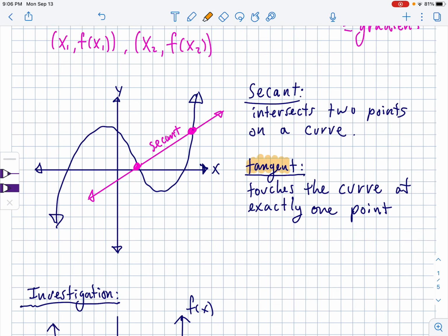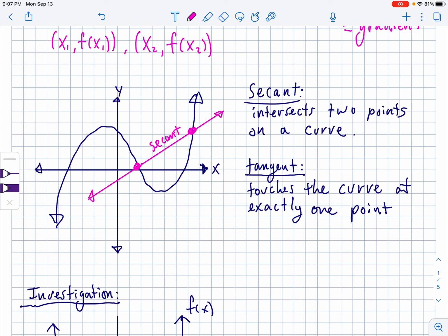Now a tangent touches the curve at exactly 1 point. The way you can picture this is that I always think of a surfboard on a wave. It can only touch one part of the curve of the wave. So if you think about this being your surfboard, I meant for that to just hit one spot. It just barely touches the curve.